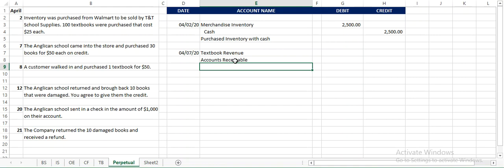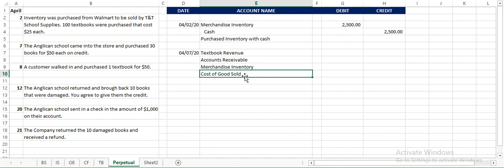So what happens there is we should also be affecting the merchandise inventory account, and we should be affecting cost of goods sold, because that's normally what's associated with a sale. When you sell something, it has to be worth something, and we have to record how much that item was worth.